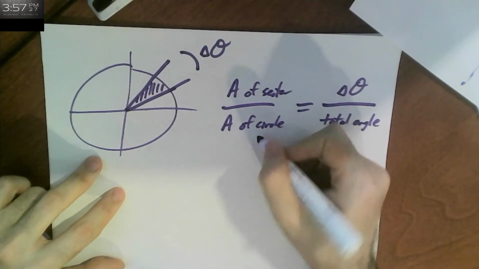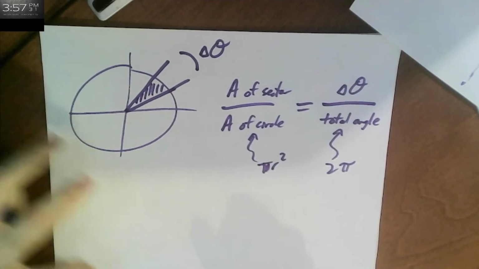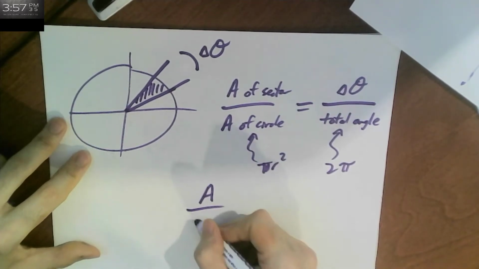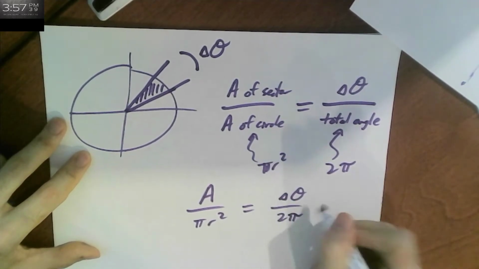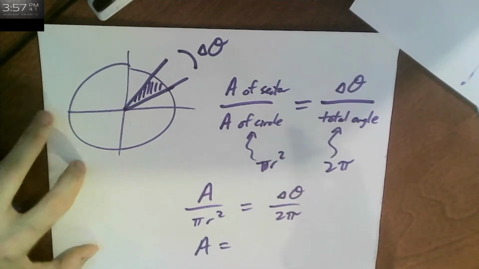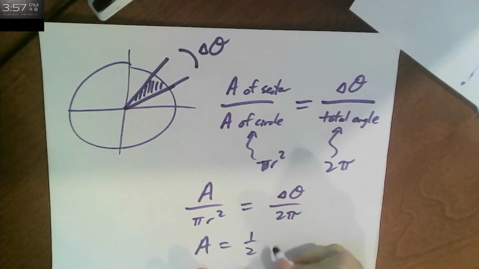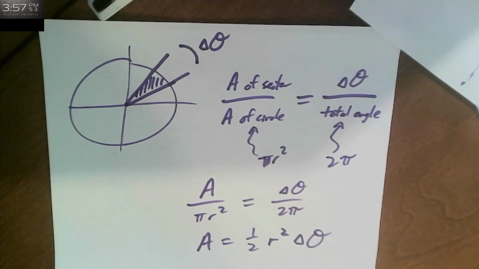I also know the area of the circle: pi r squared. So the area of the sector over pi r squared would be delta theta divided by 2 pi. We do a little multiplication. The pi's actually cancel, which is kind of cool. And we get 1/2 times r squared times delta theta. The area of a sector of a circle.